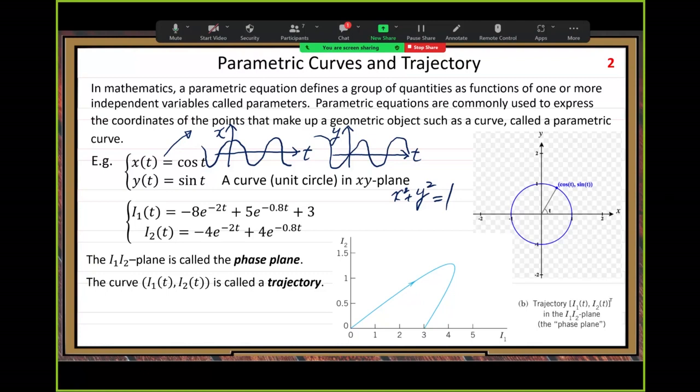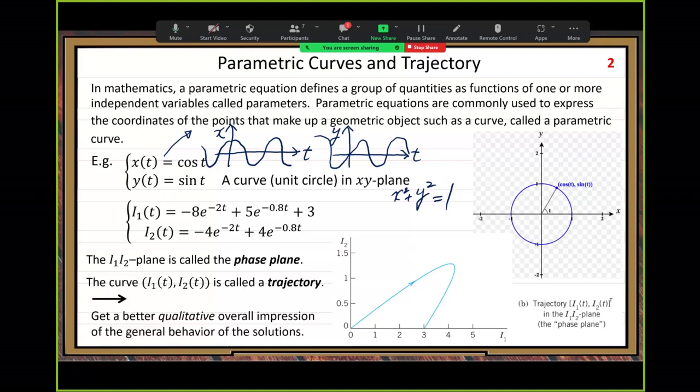So when we use many different initial conditions, we can get a lot of trajectories. All those trajectories we can draw on this I1, I2 coordinate system, all possible trajectories. So we get a phase portrait, containing all trajectories.